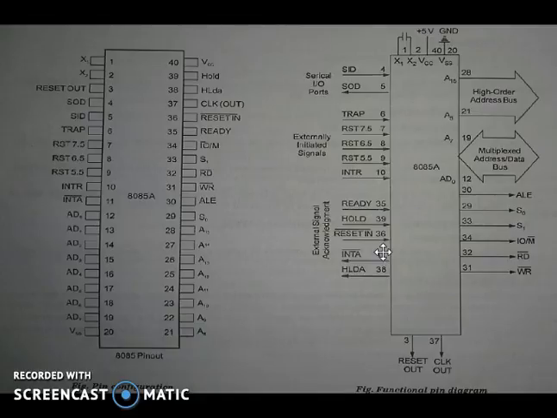And in addition to the interrupts, 3 pins, the reset, hold and ready. These are the externally initiated signals, and these are used as the input.